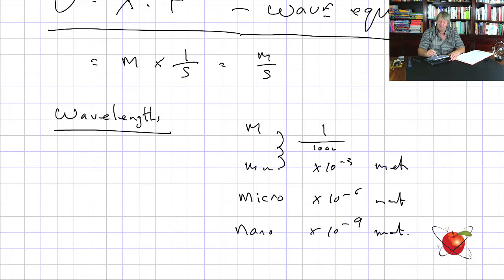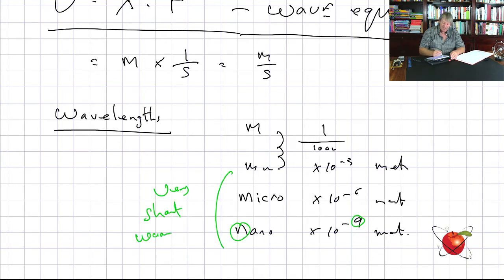These you do need to write down and remember. But there's a little key to it: nano 9. Just remember nano minus 9. These are all very short wavelengths. So the distance between there and there is only 10 to the minus 9 meters, which is pretty short, right?